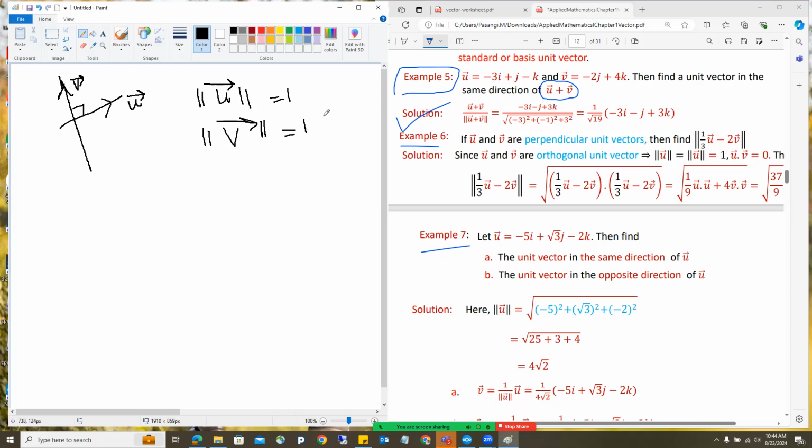Now what will happen if these two are perpendicular unit vectors? What happened with u dot v?